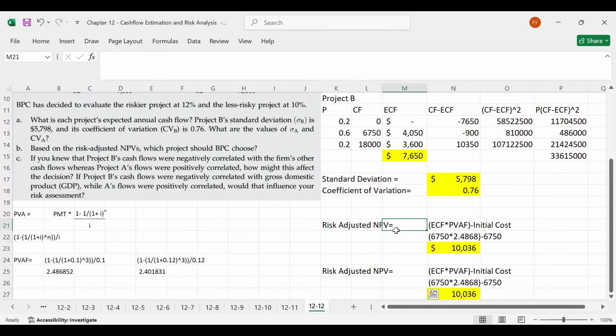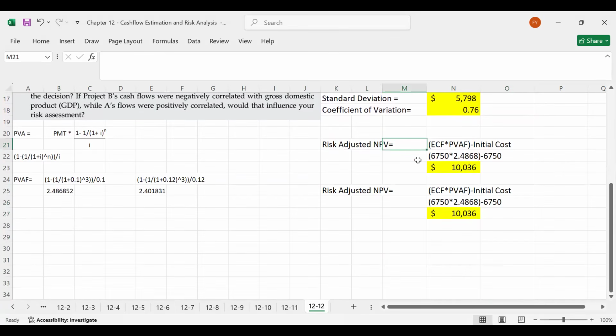Here we have expected cash flows 7650. So we have 7650 multiplied by the present value factor, which we have calculated, 2.401831, which is based on 12%, and then we deduct the cost. The cost is the same.